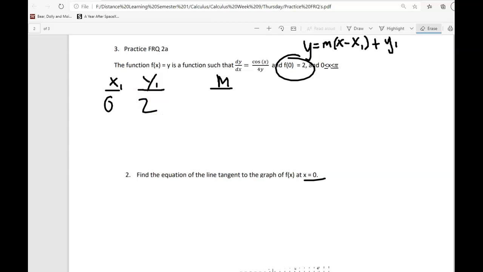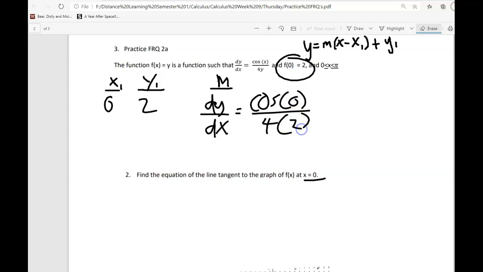Okay, and then we're going to find the slope. So how do we do that? Well, you take the derivative, which they've already given us, and you plug in the x value that you're working with and the y value you're working with. So cosine of 0 is 1, and 4 times 2 is 8, so I have a slope of 1/8.